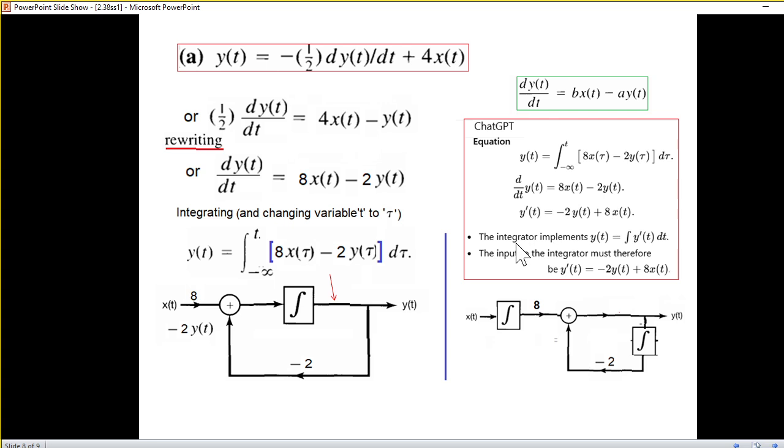So what it's saying is that the integrator implements y(t) equal to the integral of y dash t. So y(t) should be the integral of this thing. The input to the integrator must therefore be this whole thing. So the input to the integrator, as we have, must be this thing, not two different integrators.